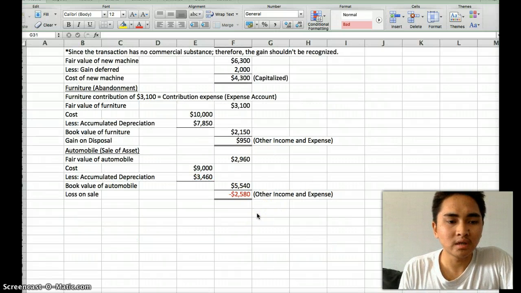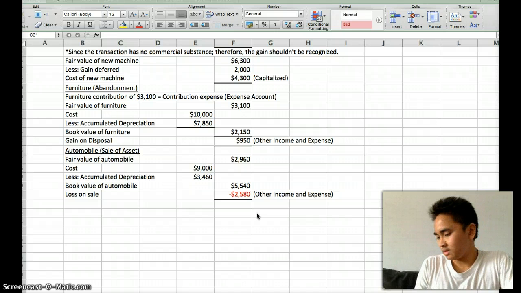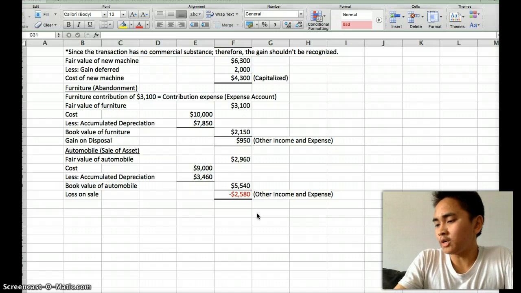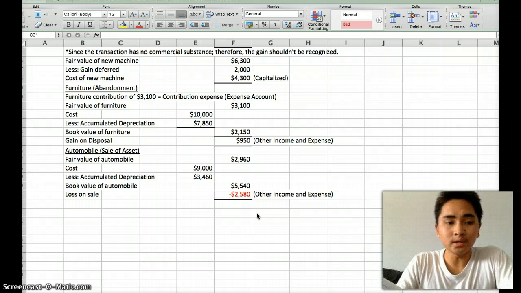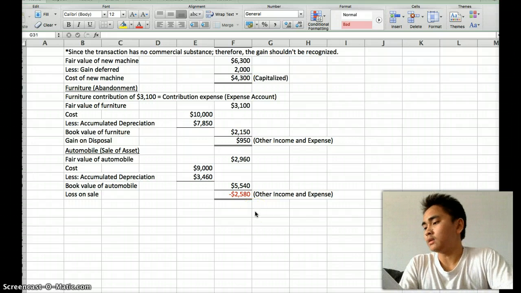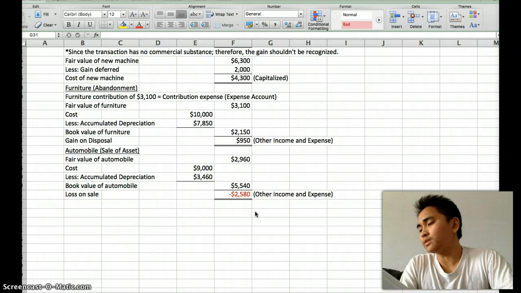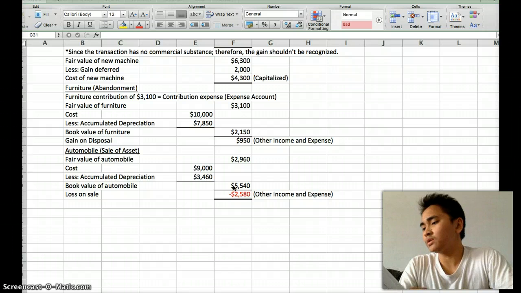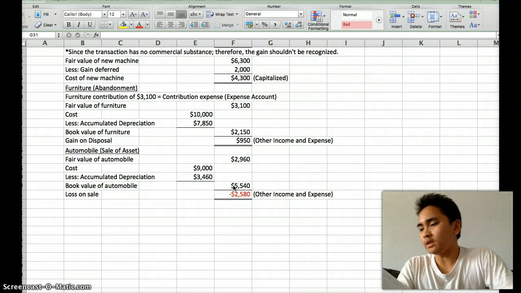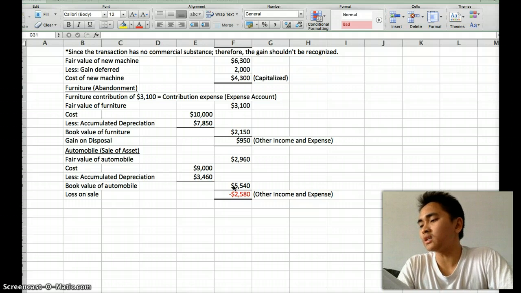The last one is the automobile, and the transaction clearly states on November 3rd, the automobile was sold to Jared Winger, a shareholder. It gives us the fair value of the automobile, 2,960, and the book value is the subtraction of the cost and accumulated depreciation.